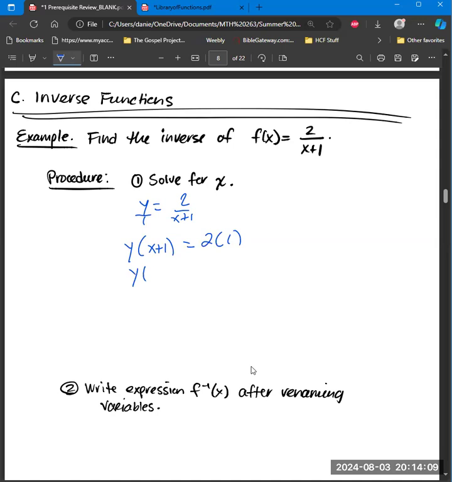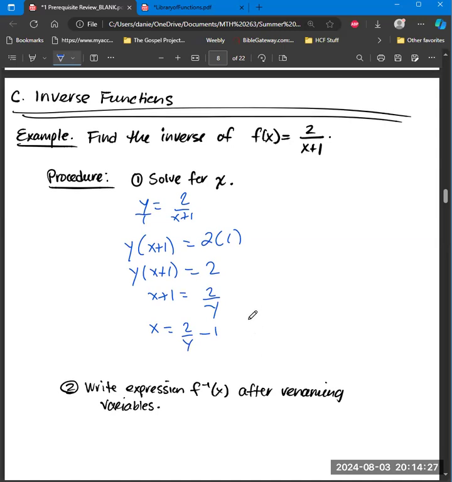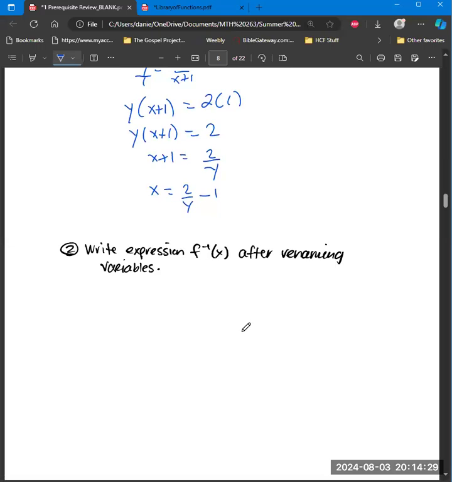Y times x plus 1 is equal to 2. X plus 1 is equal to 2 over y. X is equal to 2 over y minus 1. And then we want to switch our x and y here. So this is f inverse of x is equal to 2 over x minus 1.